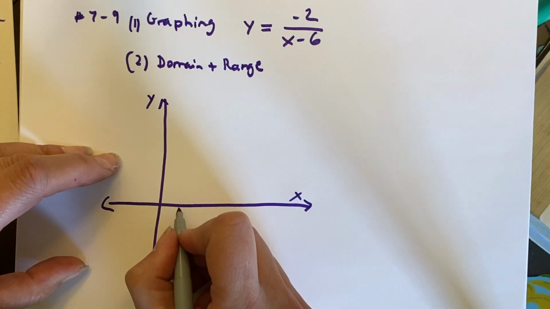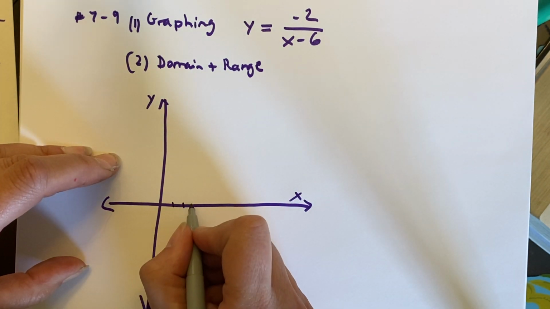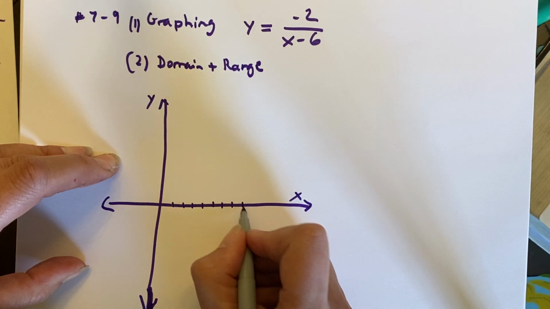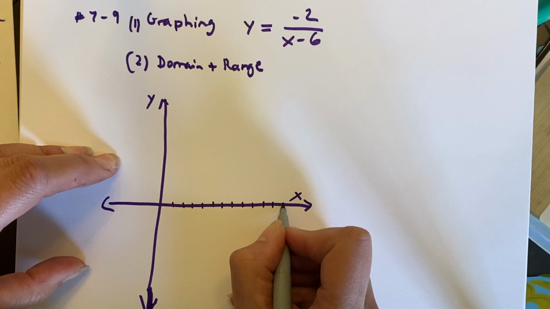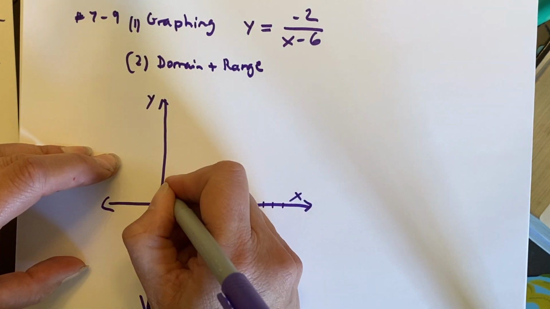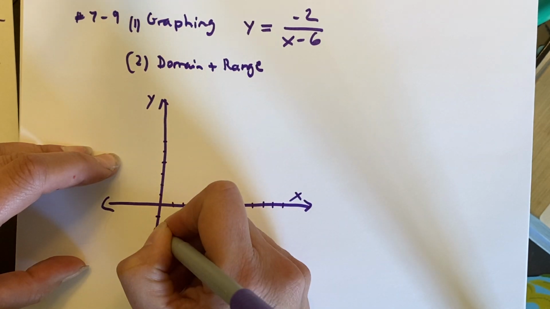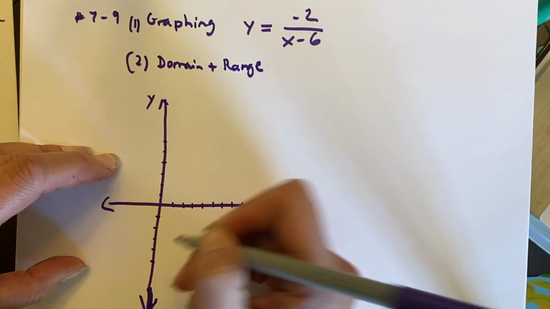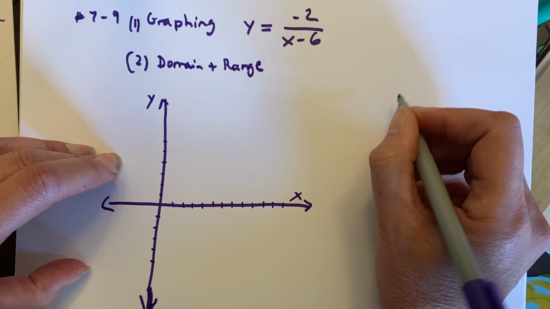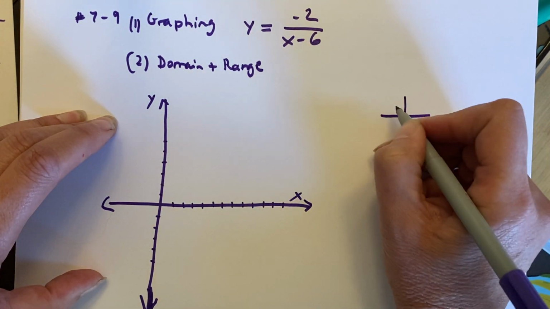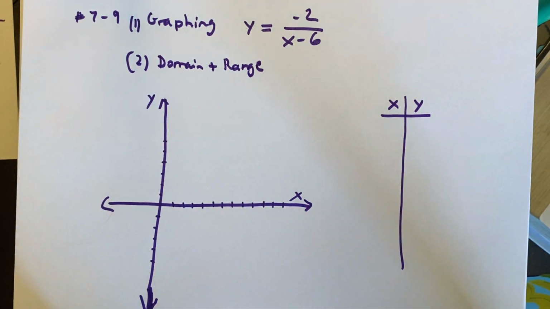And I'm going to go 1, 2, 3, 4, 5, 6, 7, 8, 9, 10, 11, 12, 1, 2, 3, 4, 5, 6, and -1, -2, -3, -4. Okay, so I now have prepared my graph. And I'm going to go get my values. And when I graph it, I think I'll do it in red so it stands out just a bit more.